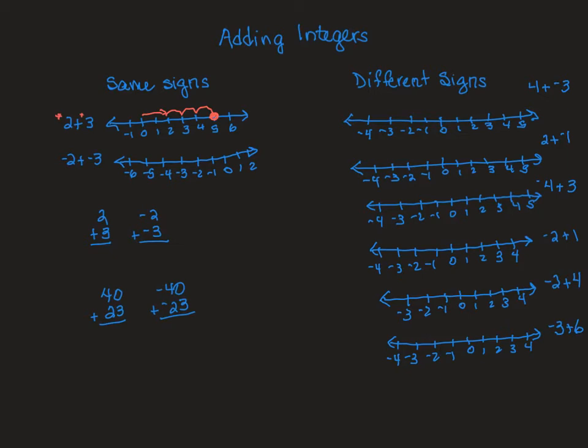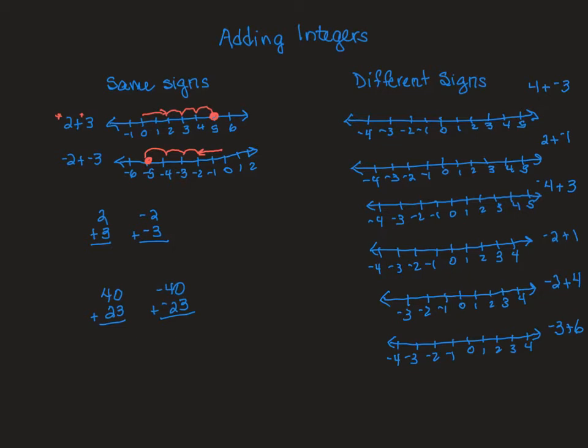If I'm adding two negatives, I start at the first number. That first number is negative 2. And I'm adding negatives, so I'm going to the left. 1, 2, 3. And my answer would be negative 5. And that's what that would look like on the number line.